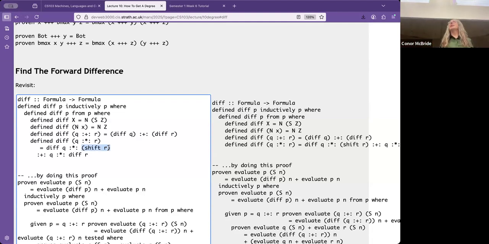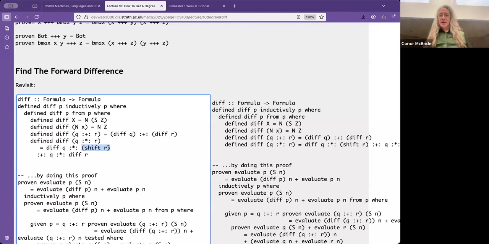And by the way, you would get the same answer if you did the shift to Q instead of R. You have to shift one of them and not shift the other, and it doesn't matter which one you pick.